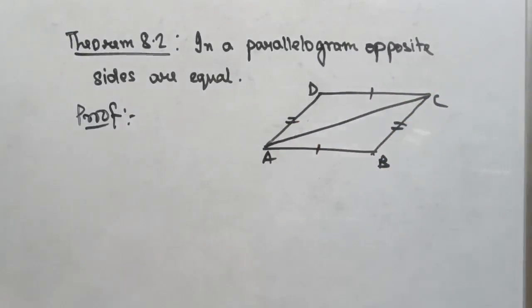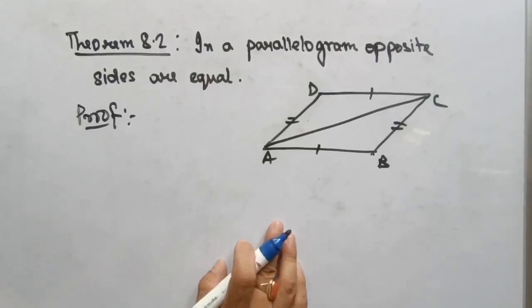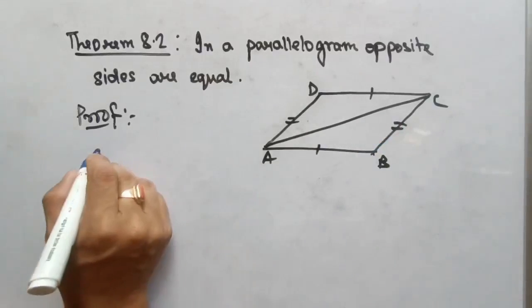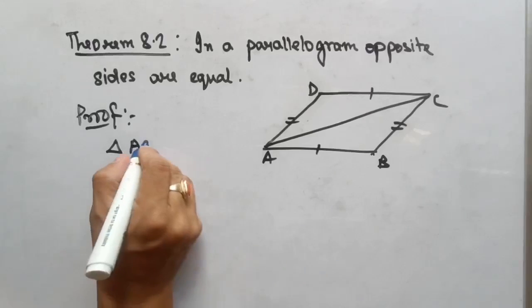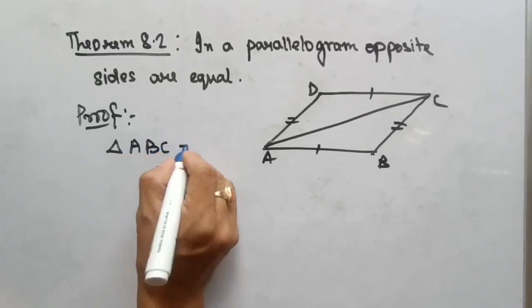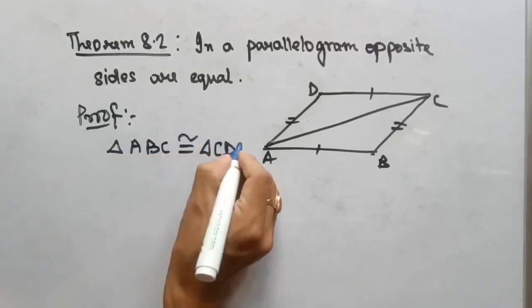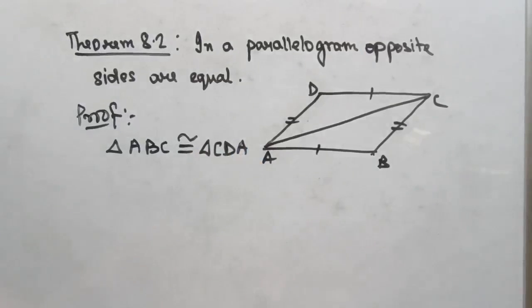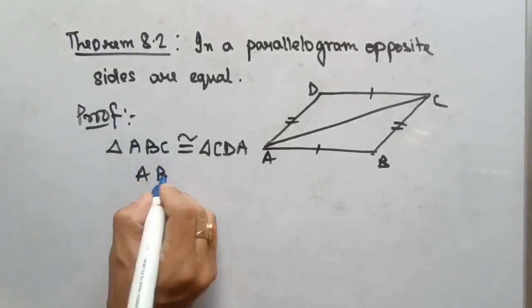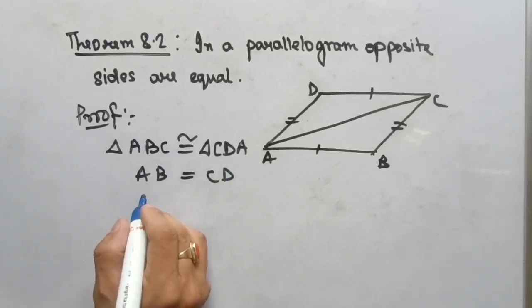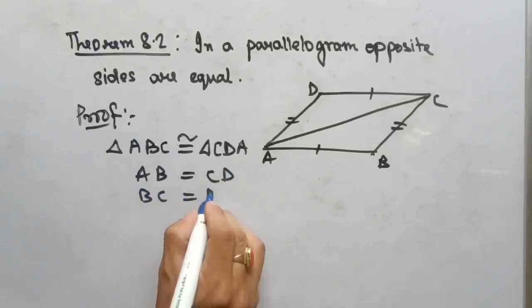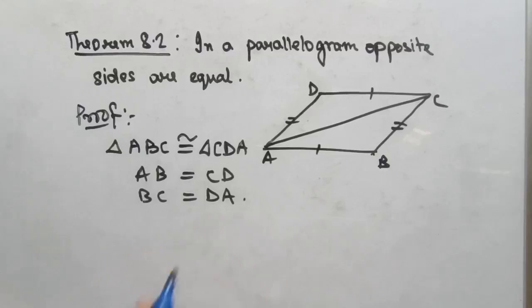So if AC is a diagonal, triangle ABC is congruent to triangle CDA. Since these two triangles are congruent, side AB is equal to side CD and side BC is equal to side DA. So in a parallelogram, its two opposite sides are equal.